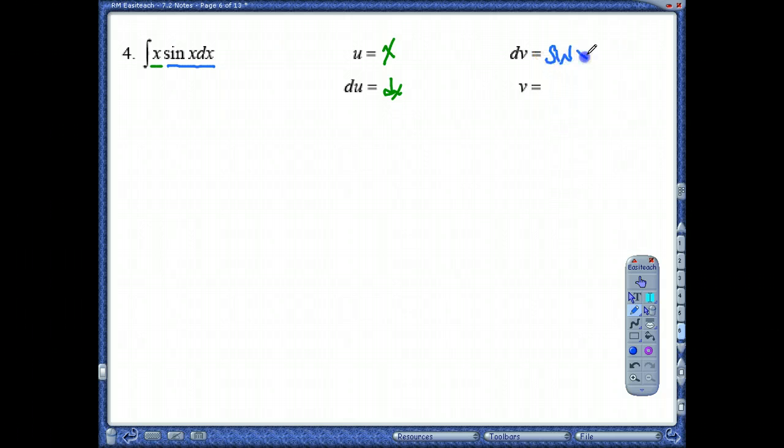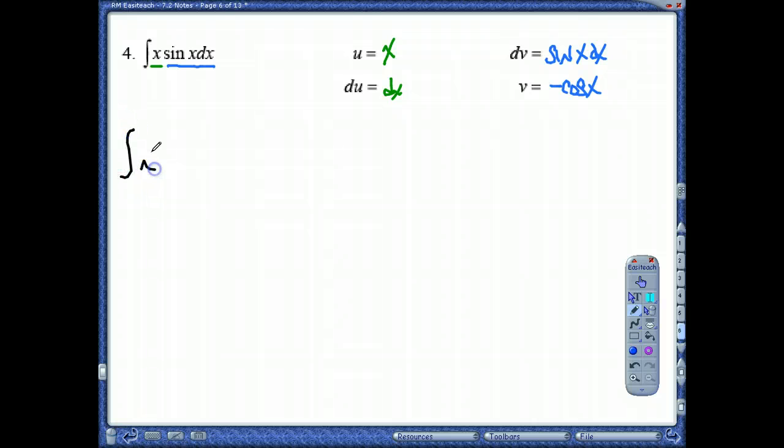Now it's very important that you be careful here because you are integrating and differentiating in the same problem. So the integral of sine is negative cosine. Okay, so just be very careful.